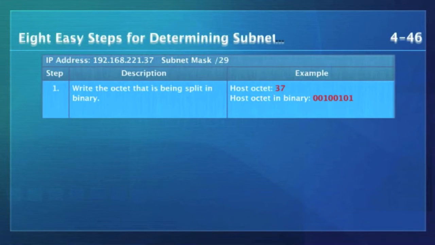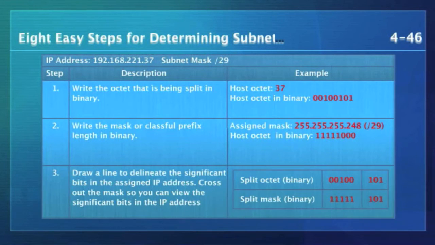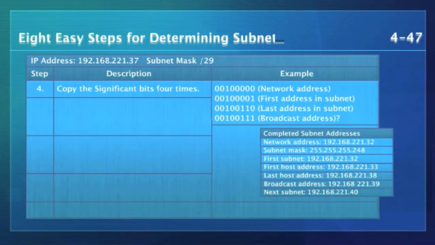But what we did to review the longhand method of calculating your subnets is 37 written out in binary, the 4th octet of our IP address, then the mask written out in binary, separate the two, the network portion and the host portion, and then go ahead and calculate all the different combinations of the host portion.